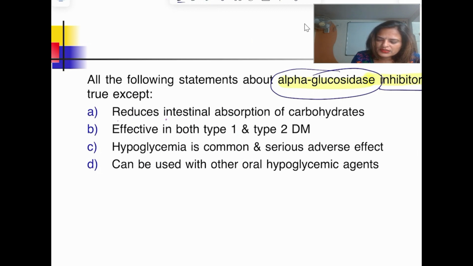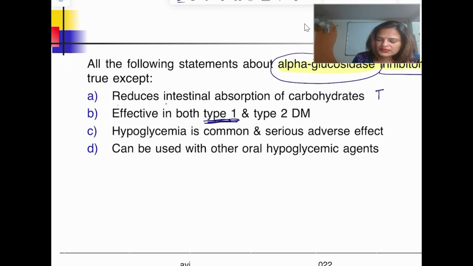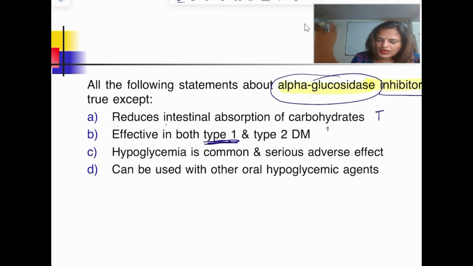So it is going to reduce the absorption of carbohydrate. So the first choice is true: it reduces the intestinal absorption of carbohydrate. Effective in both type 1 and type 2 diabetes mellitus. Yes, it is going to decrease the hyperglycemia, especially the postprandial, even in type 1 diabetes mellitus, though it is not approved for type 1. So this is also true.